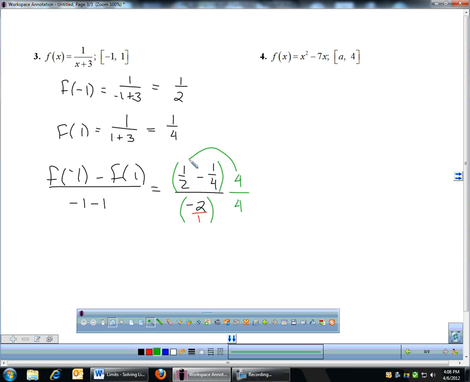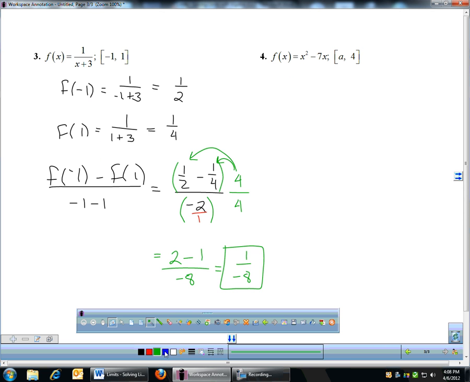Let's see, distribute. 4 times 1/2 is 2, minus 4 times 1/4 is 1, over 4 times -2 is -8. 2 minus 1 is 1, over -8. There's your answer. Find f of -1, find f of 1, and plug into the formula.